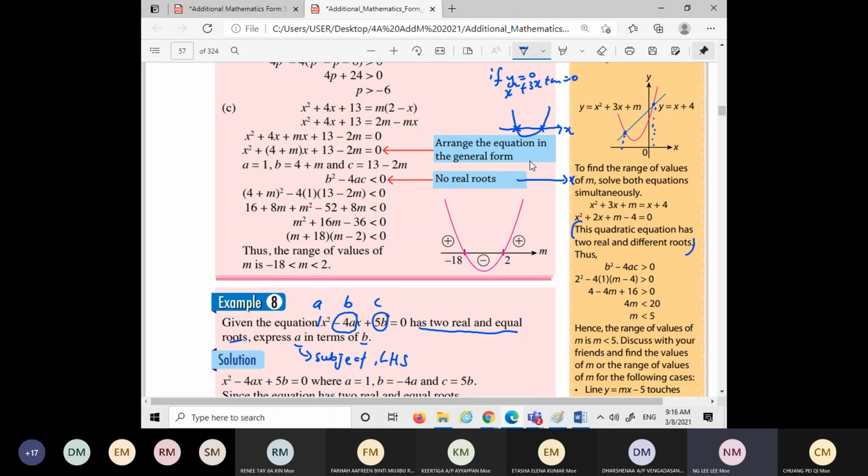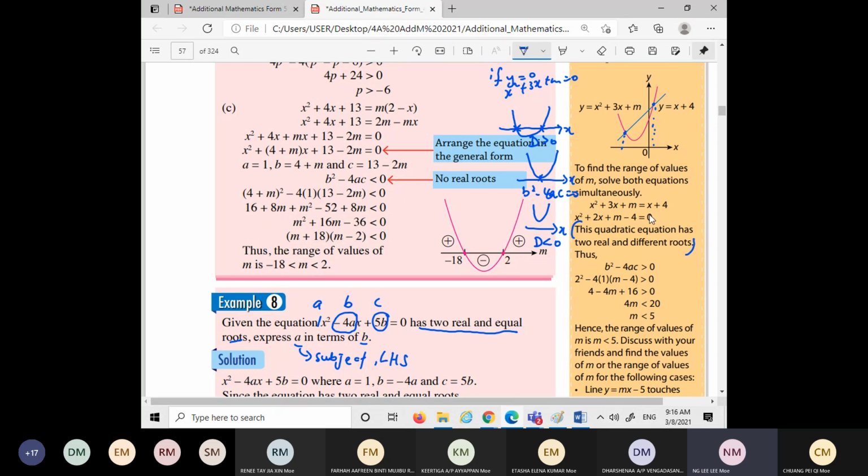If it cuts at 1 point only, then b squared minus 4ac is equal to 0. I write D greater than 0. If it didn't cut at all, then D is smaller than 0. This is for y equals 0.